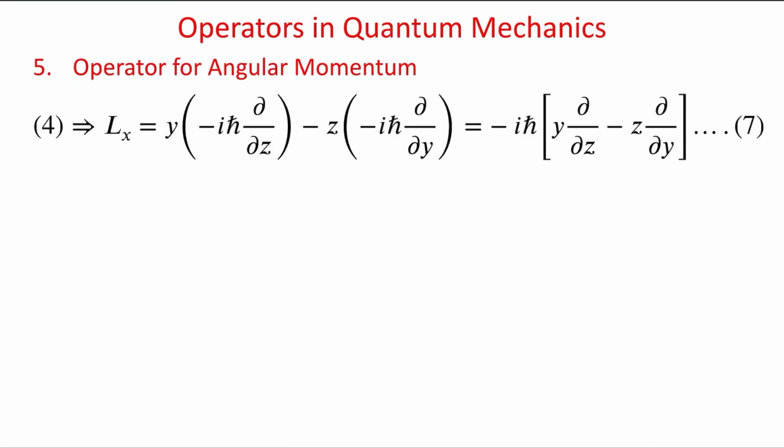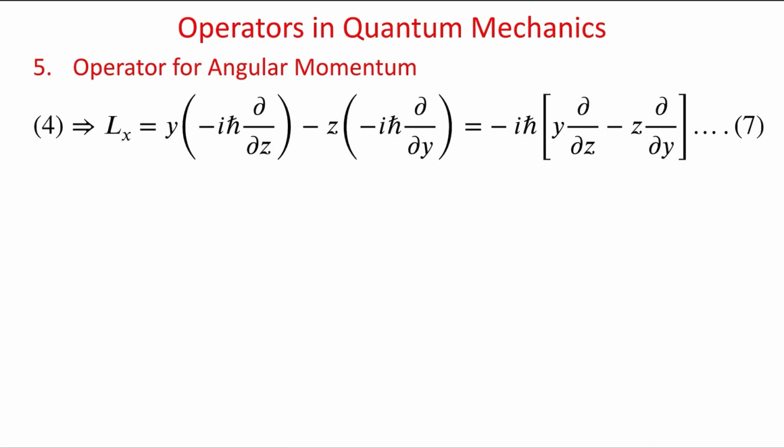Now, from equation 4, Lx is equal to y pz minus z py. We have to substitute the operators for pz and py. So Lx is equal to y times the operator for the z component of momentum, which is given by minus i h cross del del z, minus z times the y component of momentum operator, which is given by minus i h cross del del y.